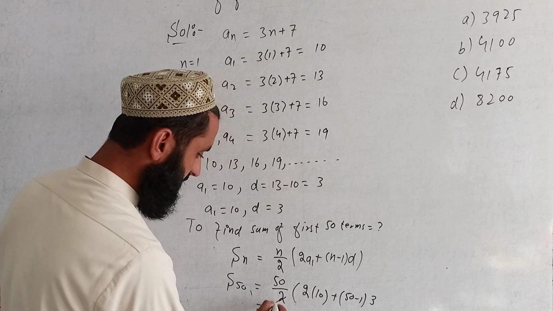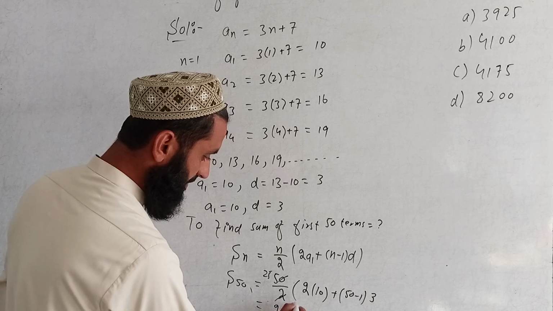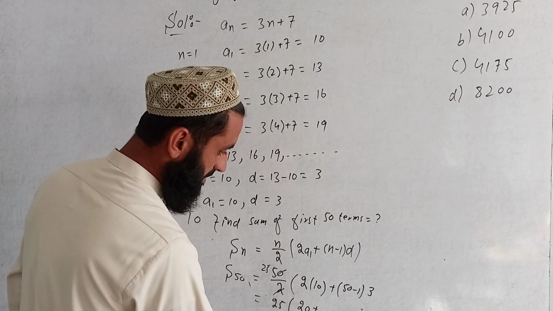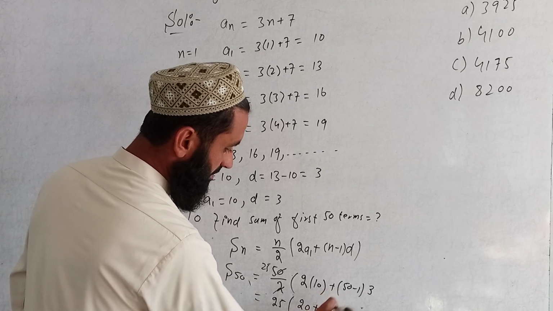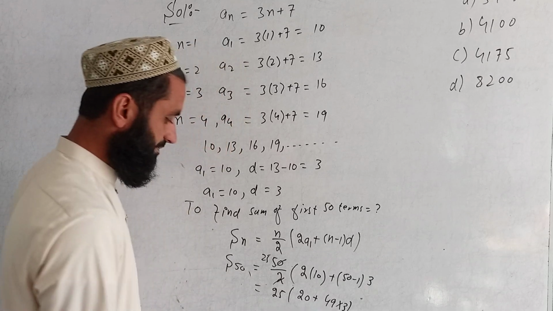So this implies 25 times, 2 multiplied by 10, 20, plus 49 multiplied by 3.